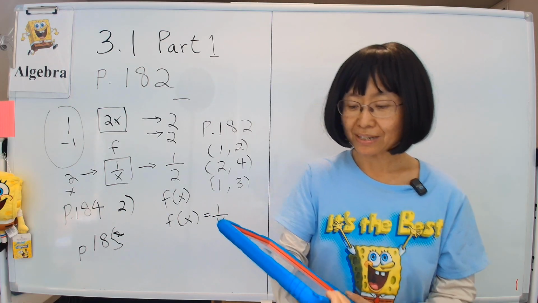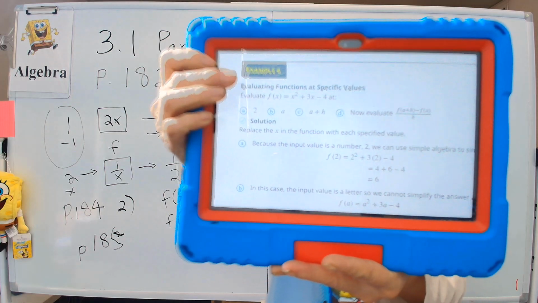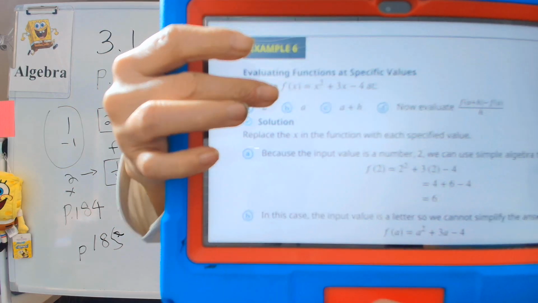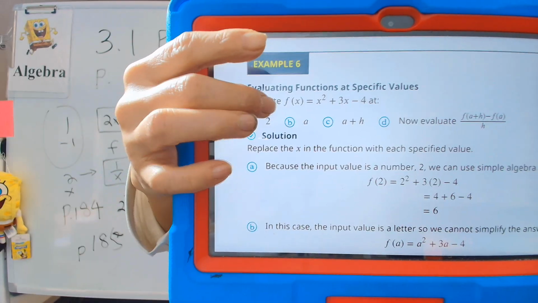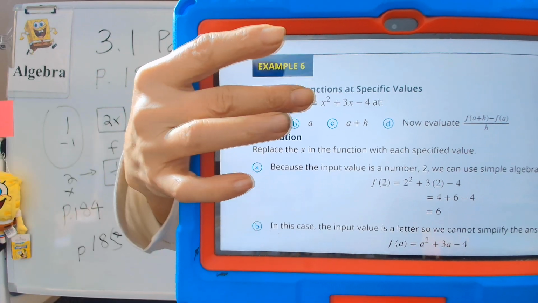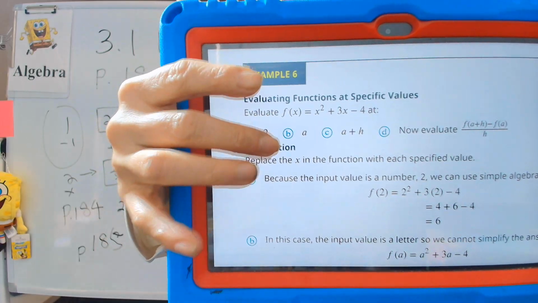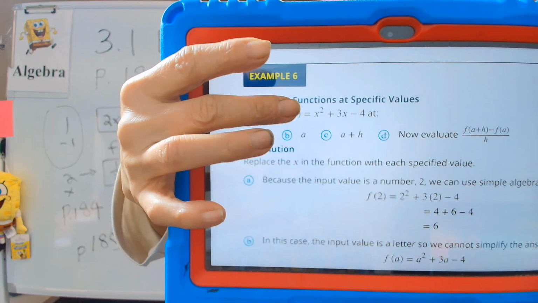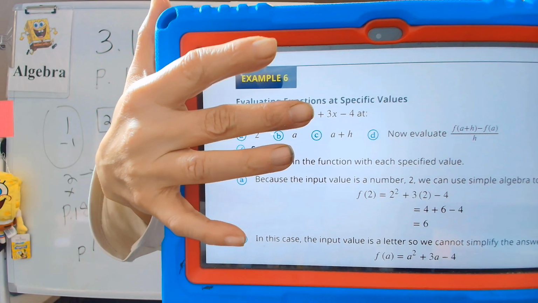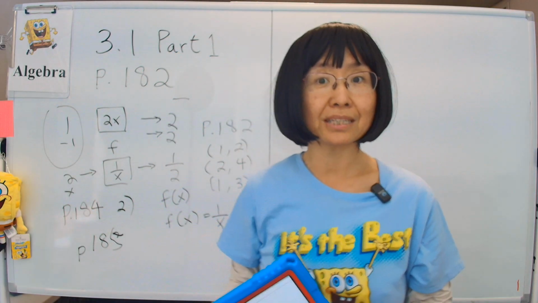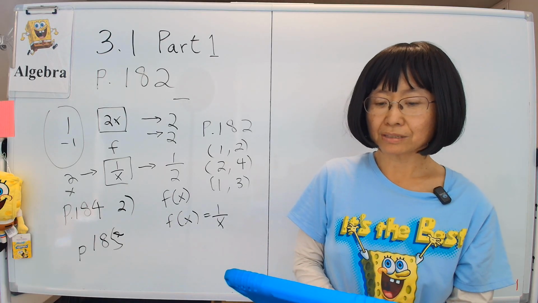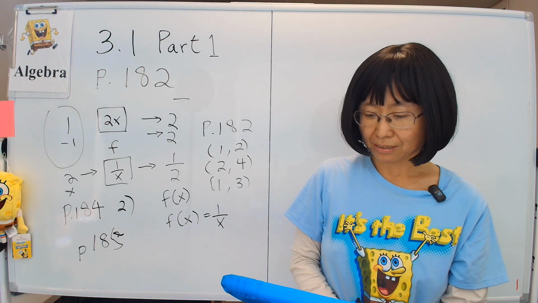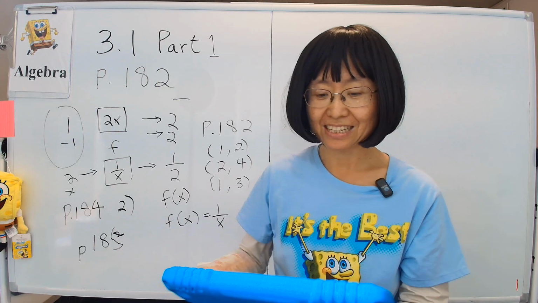To evaluate it just means that we plug 2 in for x in f of x right here, which means f of x describes what you will take what's in here, which is x, and do all the stuff to it. So x becomes 2, we have to square 2, so 2 squared plus 3 times 2 minus 4, and figure out what that is. 2 squared plus 3 times 2, that's 10, minus 4 is 6, right? Yep, it is. So that's how you do it.